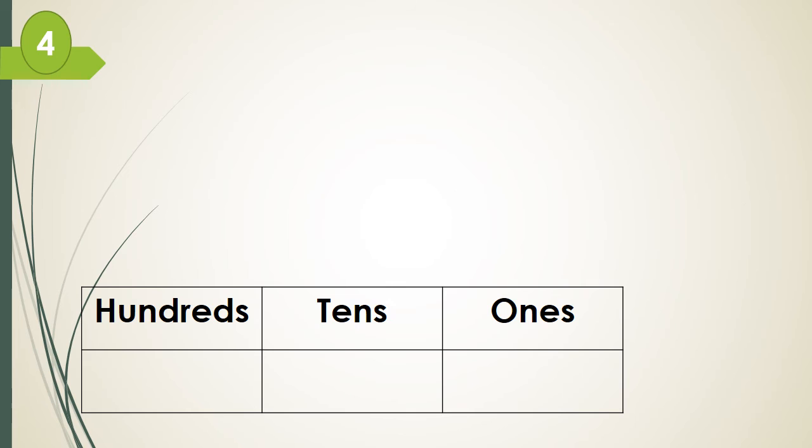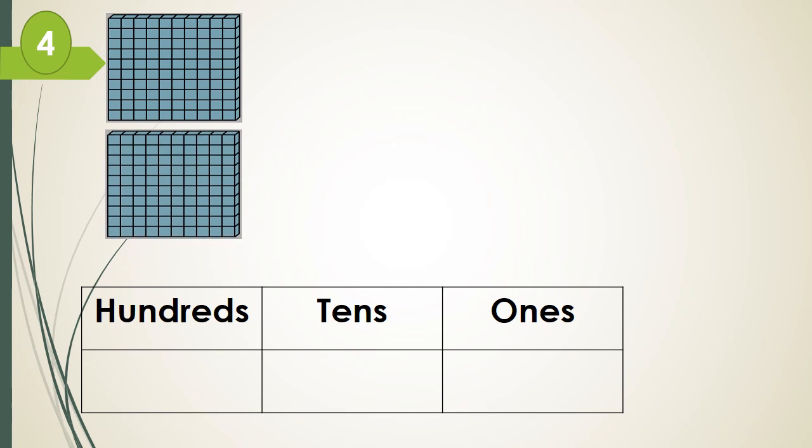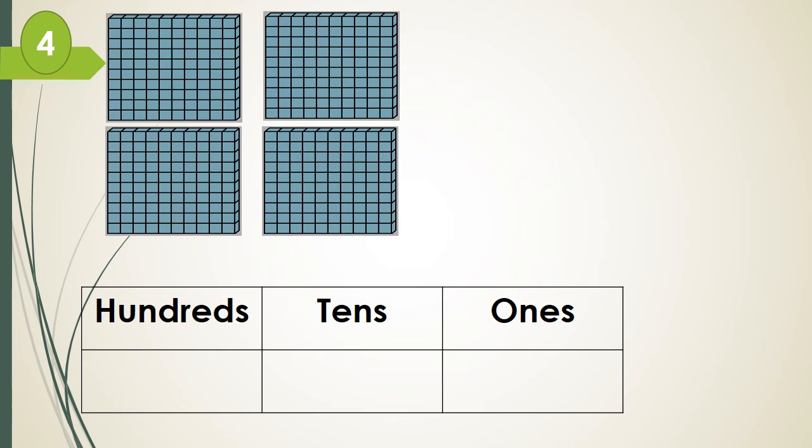Number 4, I have 1, 2, 3, 4 hundreds. I put 4 under the hundreds digit. I don't have any tens, so I put 0 under the tens digit. How many ones do you have? 1, 2, 3, 4, 5, 6.